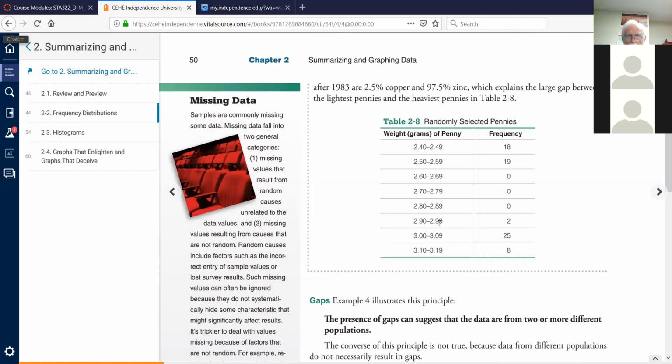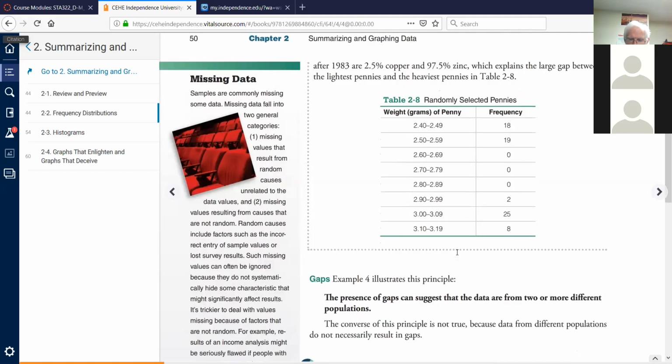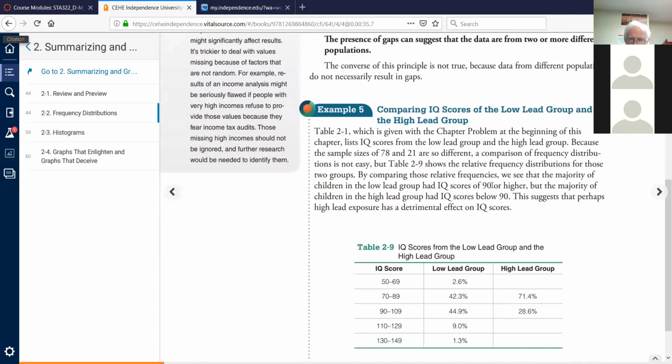My guess, copper being much heavier than zinc, is that the last three classes represent pre-1983 pennies, and the first two classes are post-1983 pennies. And it looks to me like there is a potential hypothesis that the manufacturing of post-1983 pennies is much more consistent than pre-1983 pennies. But that's only a hypothesis. Okay, so let's move on to the next page.